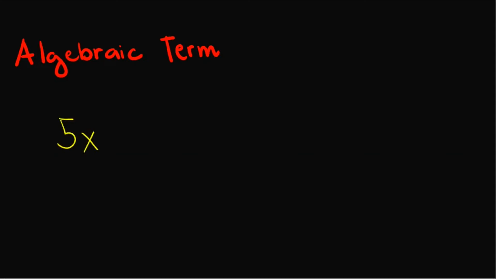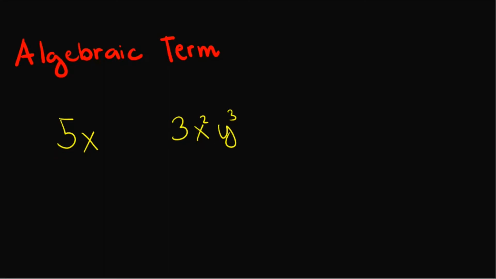So this is an algebraic term since it's a product of a number and a variable. We can also have 3x squared y cubed. For this one, there is a number out here and 2 variables.